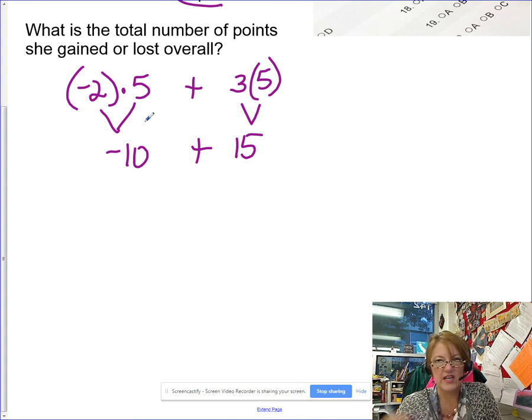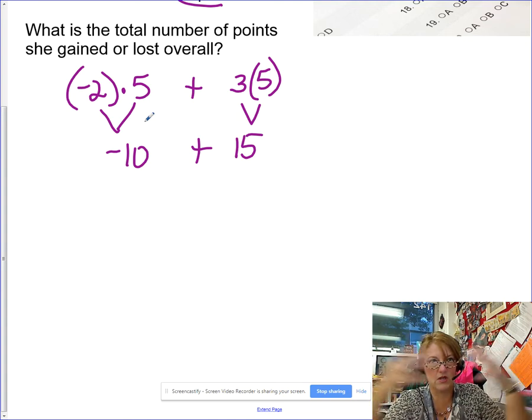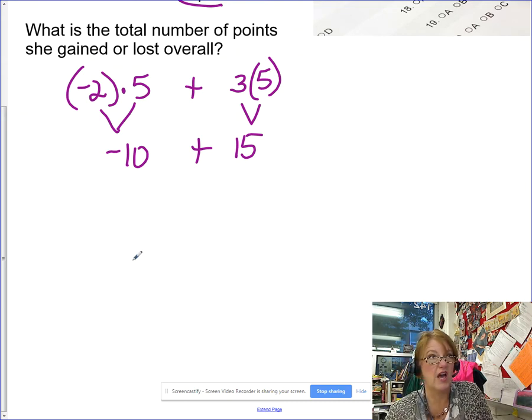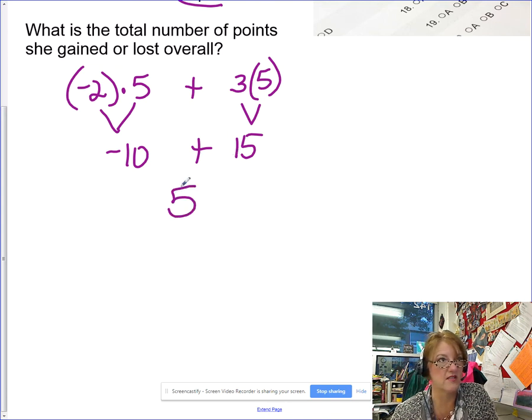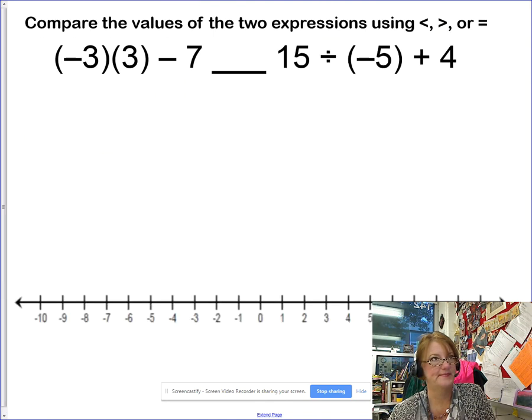Okay, they're working against each other. If I lined up counters to make 0 pairs, got a whole lot of 0 pairs because these 10 negatives are taking out and destroying 10 of those positives, and you are left with 5. All right, who's bigger? Who's going to win? All right, start going through these and see what you come up with.